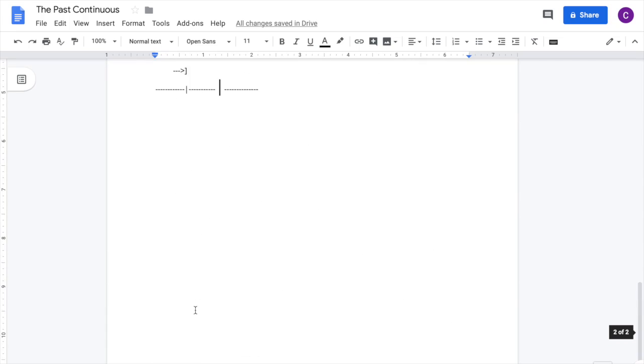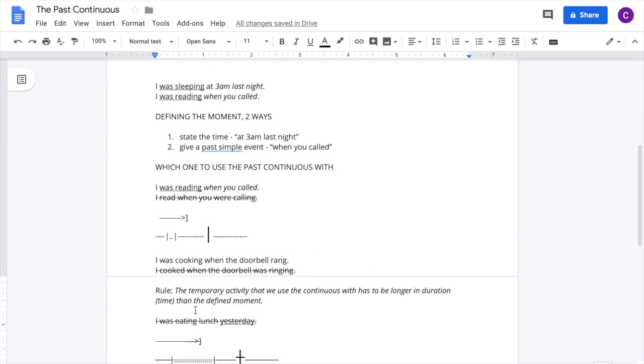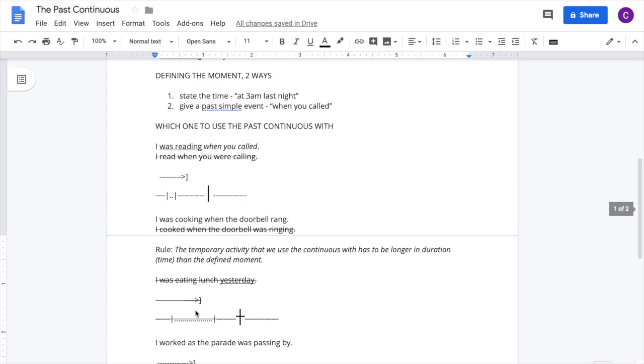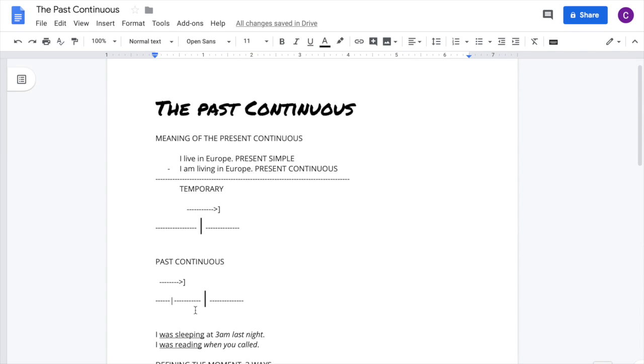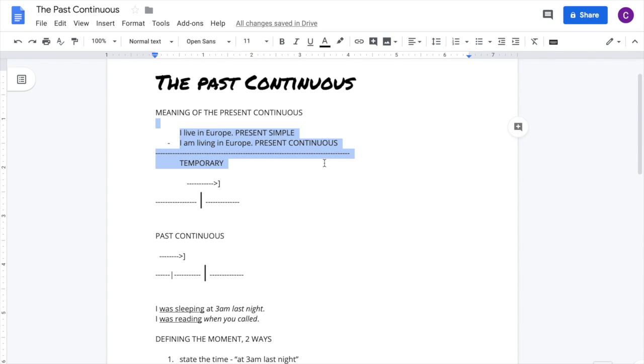Okay, so let's go over everything. These are the most important ideas for the past continuous. Again, we want to understand what the continuous really means. It means that the activity of the verb is temporary. If you compare that with the present simple, the present simple doesn't mean temporary, it doesn't mean forever, it doesn't mean permanent, but it just doesn't have that temporary meaning in there.